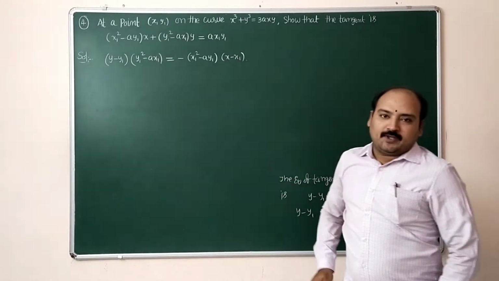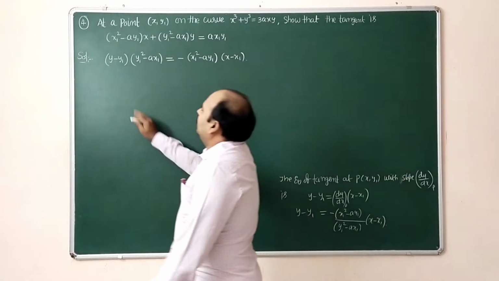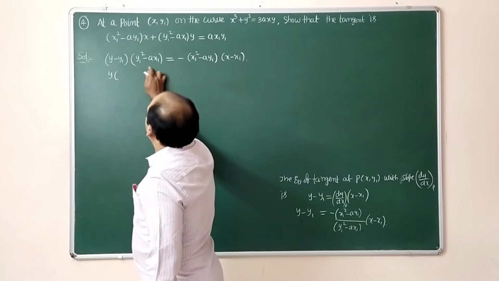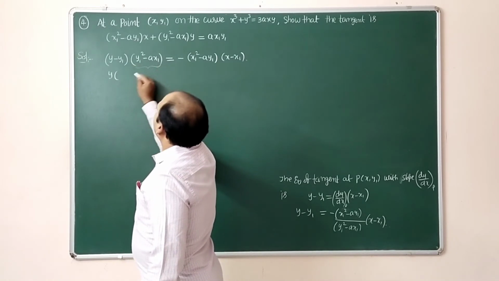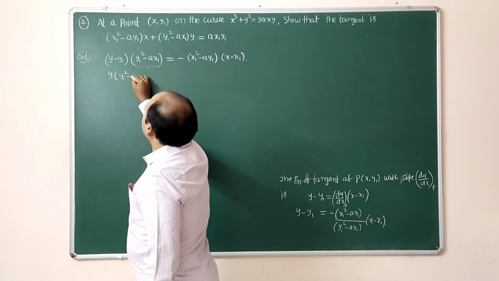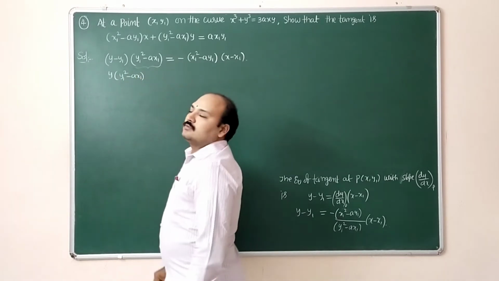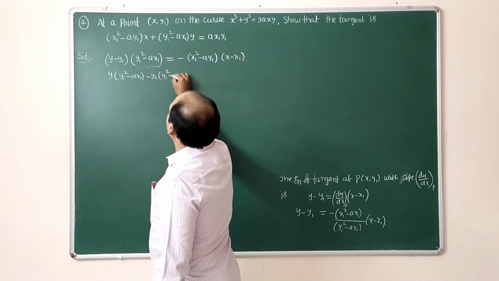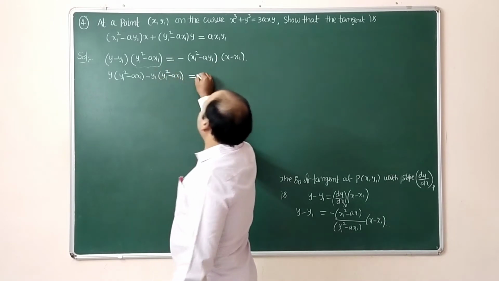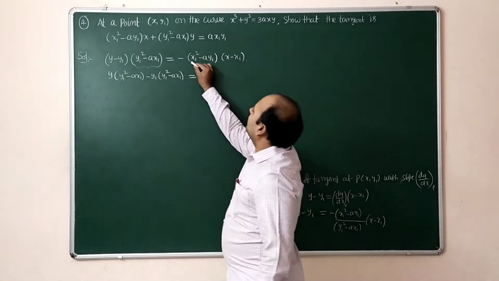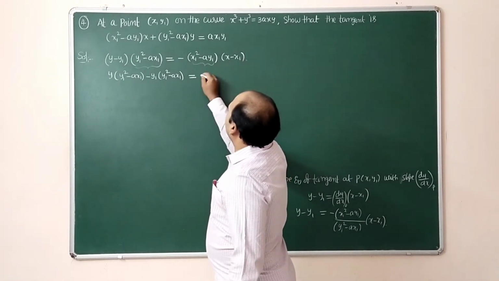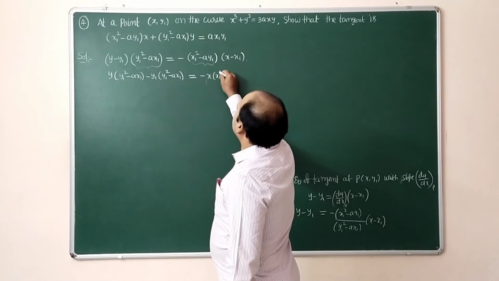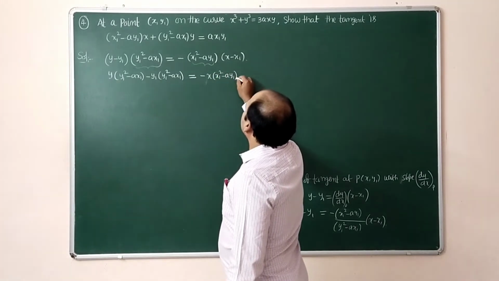So observe carefully here, y into this complete value I am taking, y into (y1 square minus ax1), minus y1 into (y1 square minus ax1) is equal to, here also the same procedure you have to follow, minus x into (x1 square minus ay1).